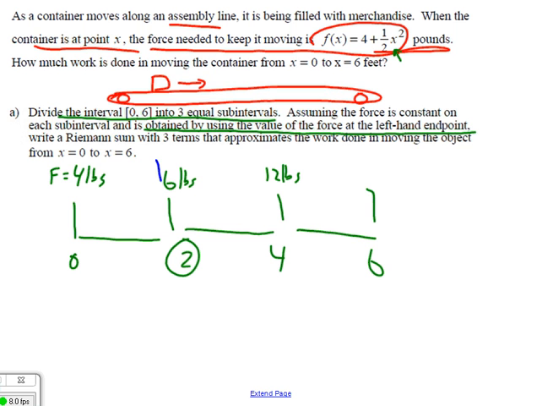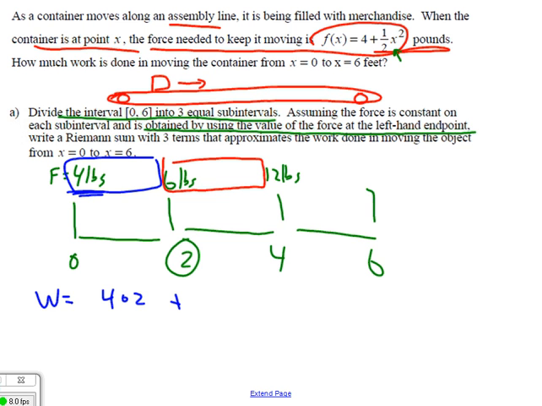Over that first 2 feet, we're assuming that the force is 4 pounds the whole time, so the work would be 4 times the distance 2, plus, from 2 to 4, we're assuming the force is 6, so that work will be 6 times 2.